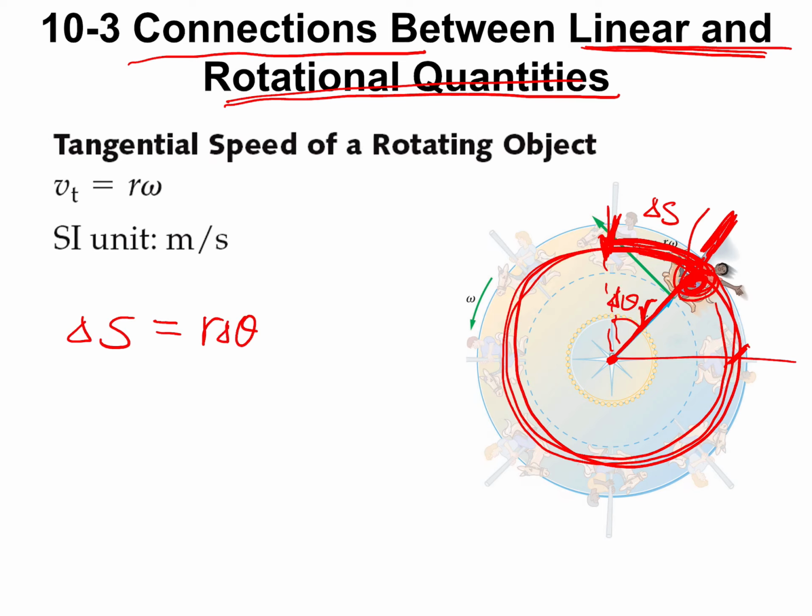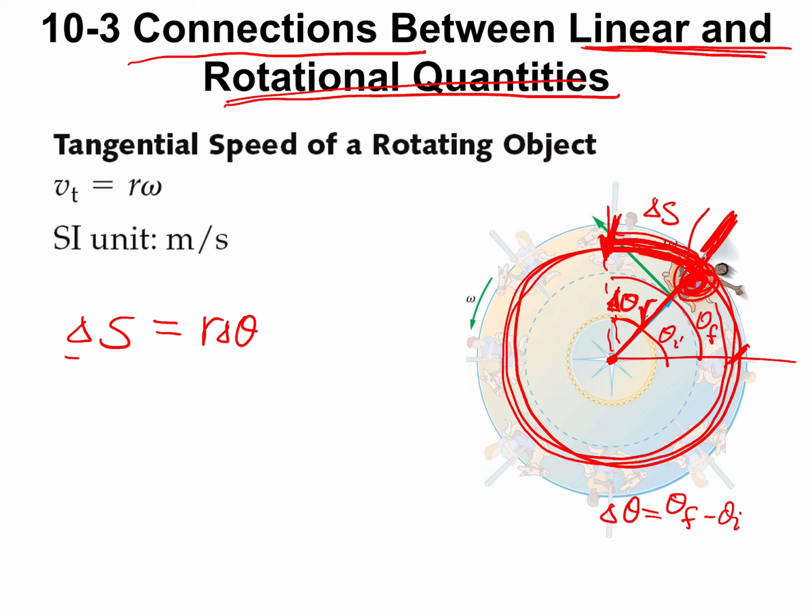This is theta i, and this is theta f; theta f minus theta i is delta theta, the angular displacement.